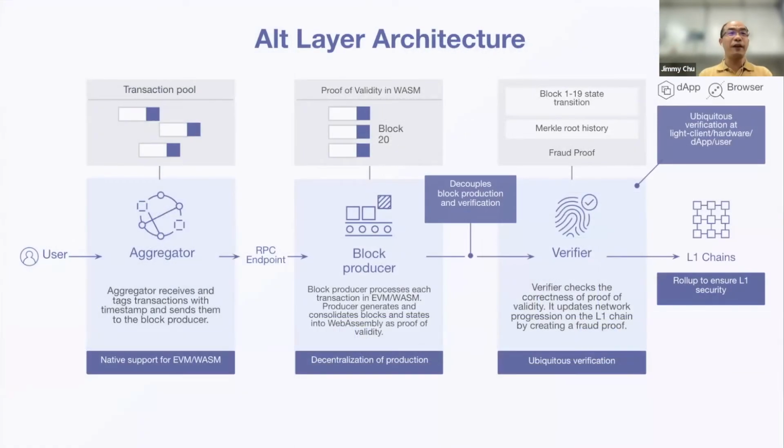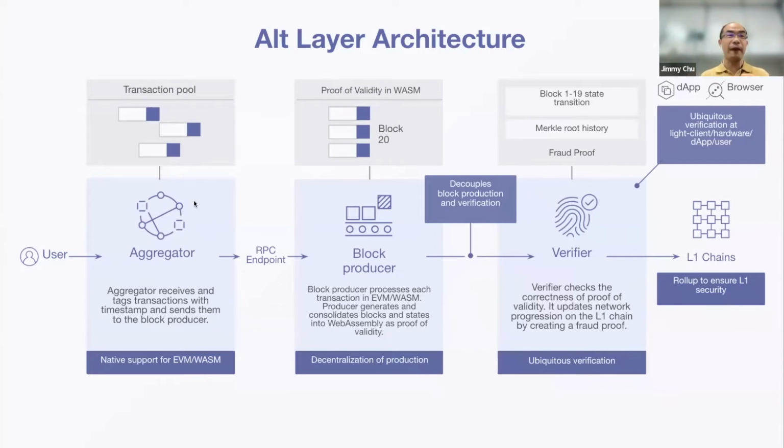First of all, we'll go from left to right. The users have a MetaMask wallet connecting to our endpoints, and then they send transactions to this network. The transaction sits in the transaction pool.